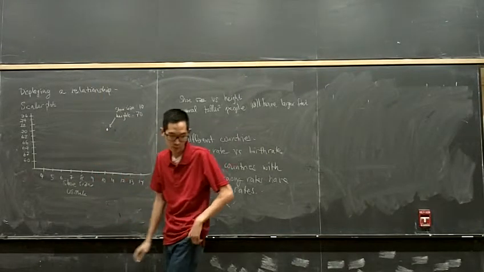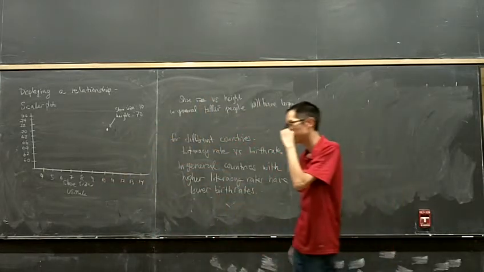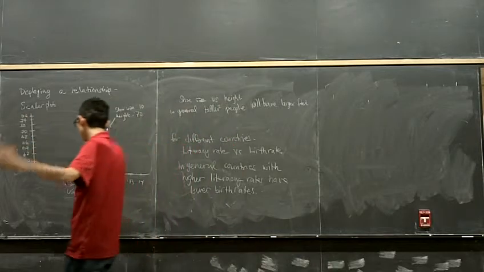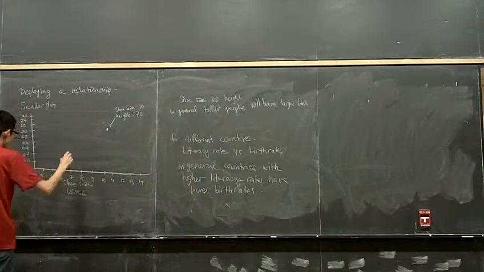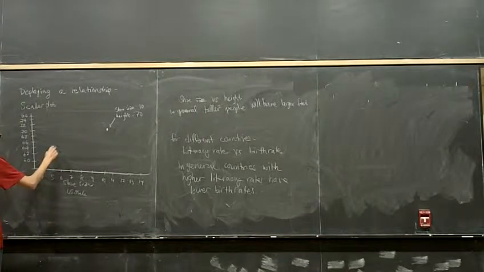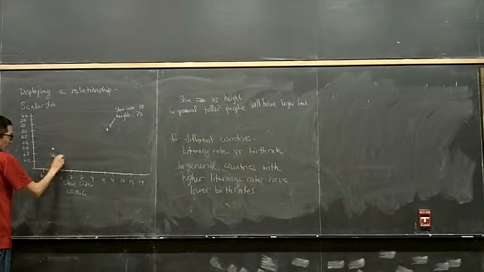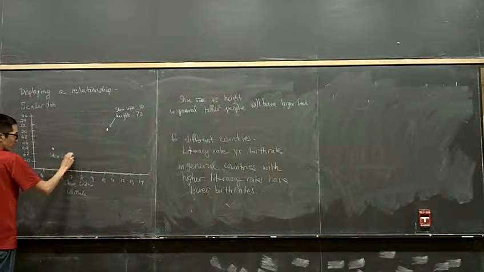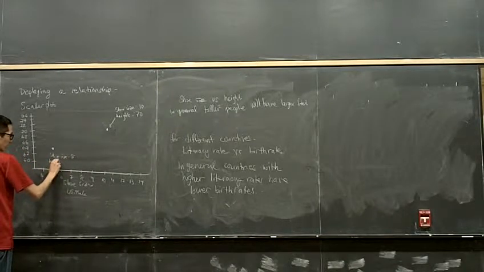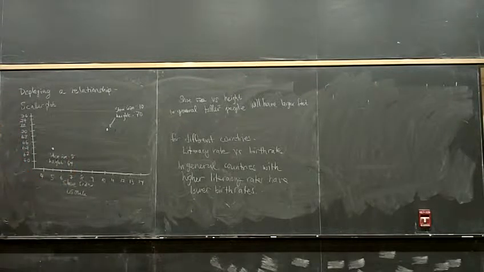If we had graph paper, we could be a little bit more accurate. Let's say there's a woman who wears a size 5 shoe and is 5'4", which is 64 inches. And we go on like that.